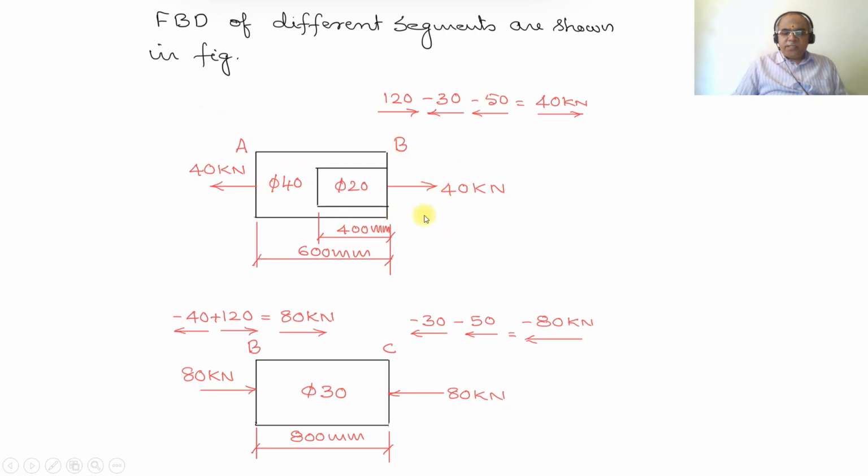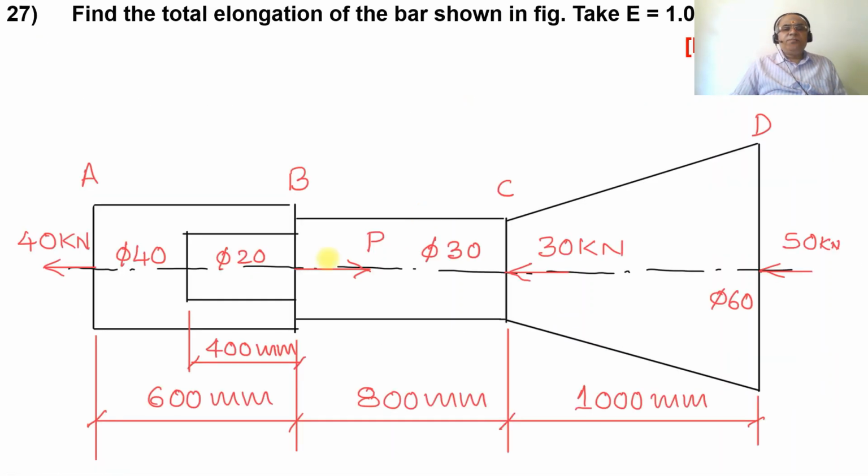Now we take the second consideration, between points B and C, a uniform diameter of 30 mm with a length of 800 mm. On the left-hand side you have 40 kilonewton acting toward the left side, and at point B it is 120 kilonewton acting toward the right side.